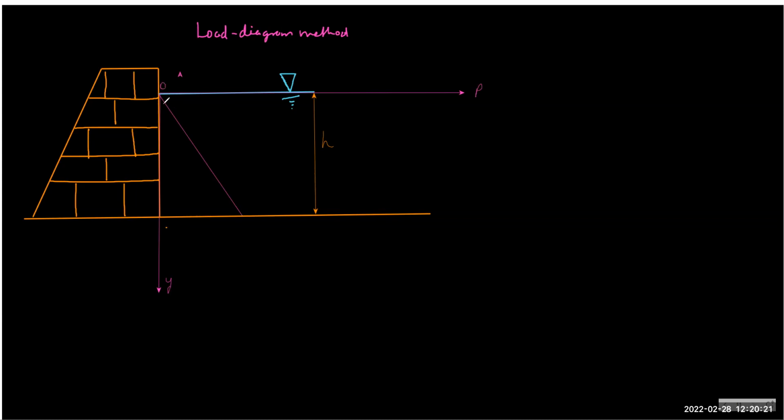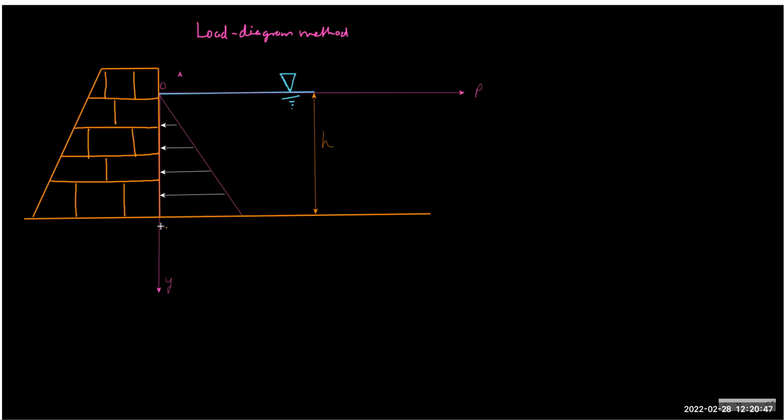So we have seen that pressure will increase as you go down. When you plot the pressure diagram, it's called the load diagram. This diagram is like a triangle in which we know the height.